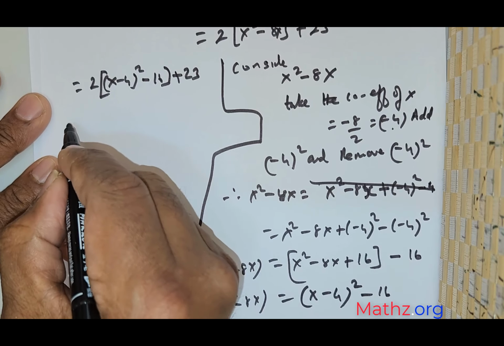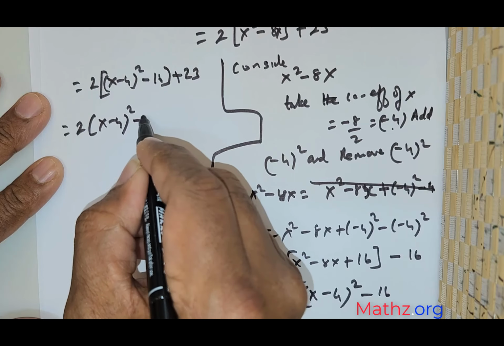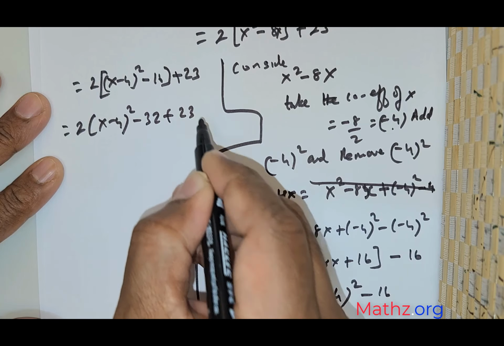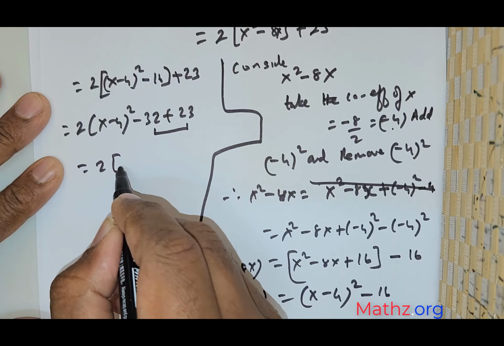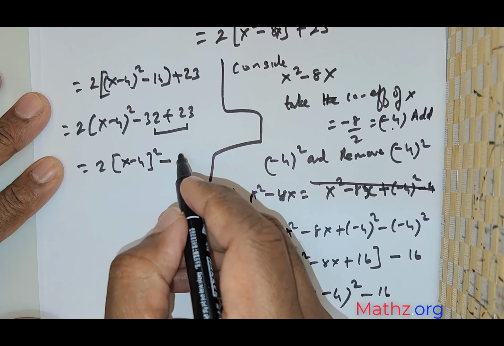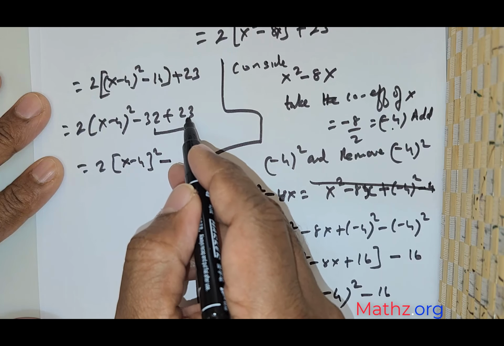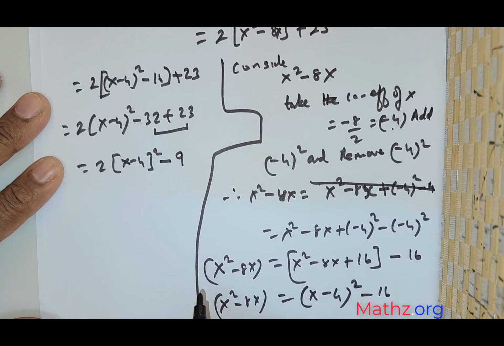Now you distribute 2, so it's going to be 2 times (x negative 4) the whole squared, negative 32 positive 23. You can add these two and that would give you 2 times (x negative 4) the whole squared negative 23 added with 32 would give me negative 9.